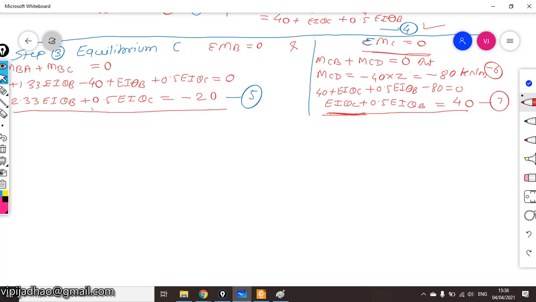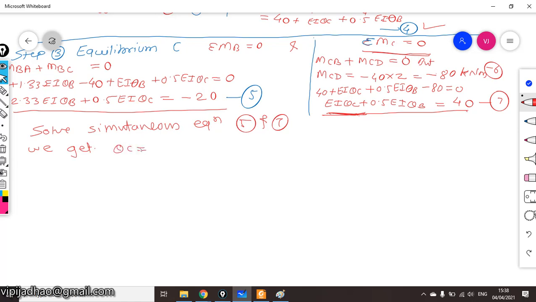Just use your calculator for solving equations 5 and 7, solve simultaneous equation 5 and 7.